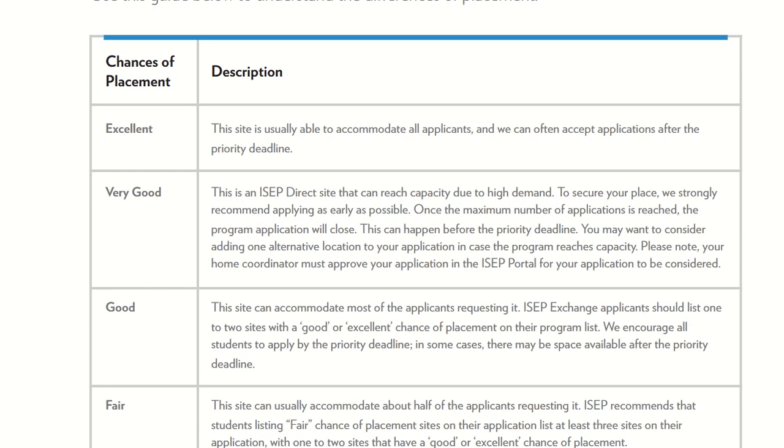For direct programs with a very good chance of placement, we encourage you to submit your ISEP Direct application as soon as possible in order to increase your chances of receiving a spot on the program. In the case an ISEP Direct program meets program capacity, your ISEP Student Services Officer will reach out to provide alternative options.